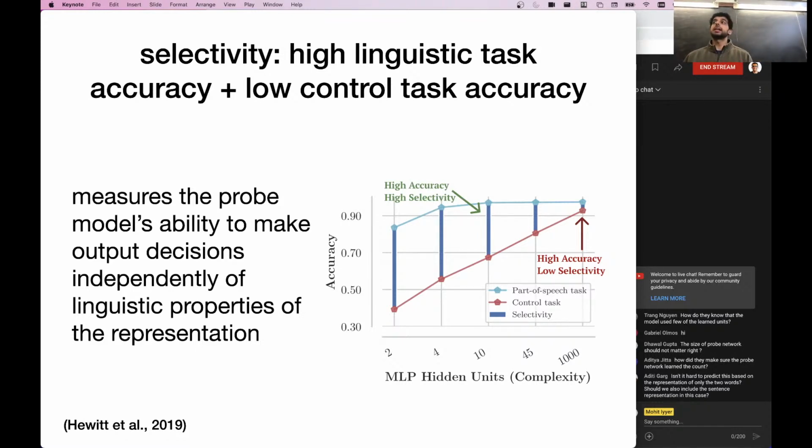So all of these tasks that we've talked about in this lecture are very, very simple, and it is not necessarily the case that we understand how the language model uses these properties to do its predictions. And maybe in many cases it's not useful to know the part of speech of some word in the sentence.